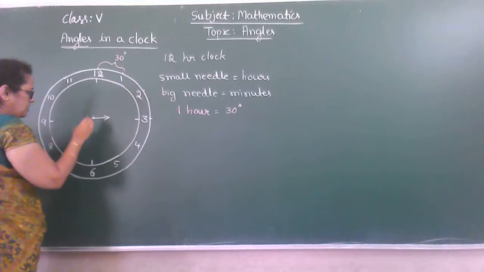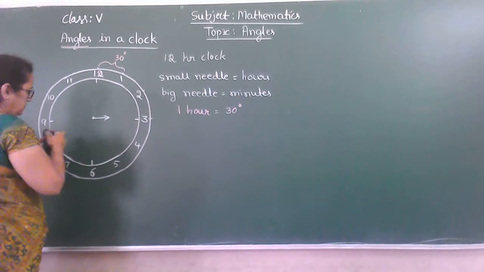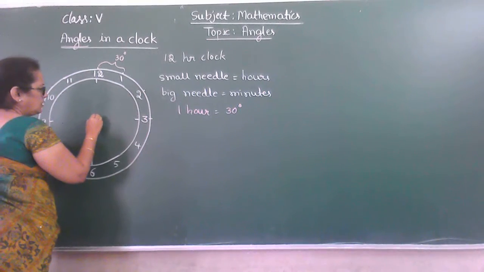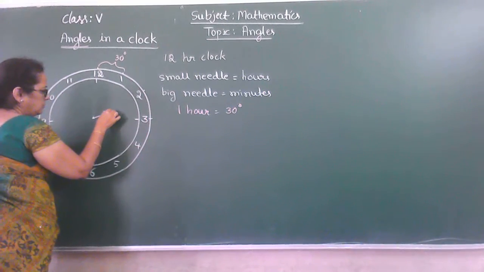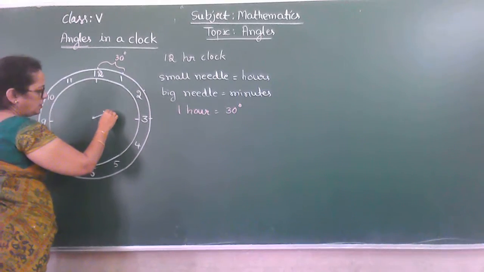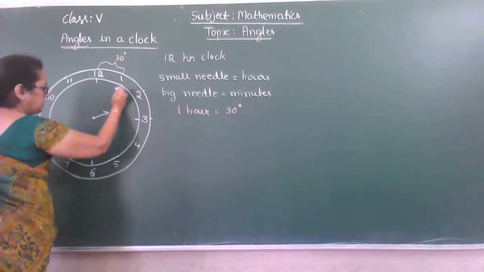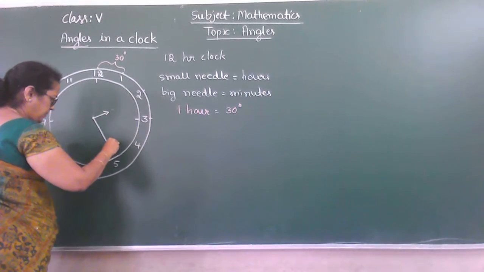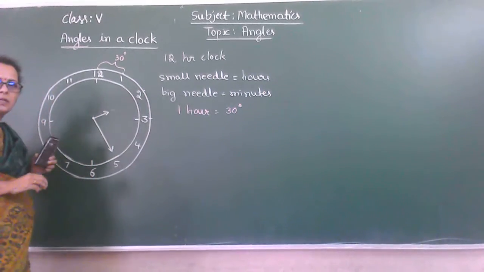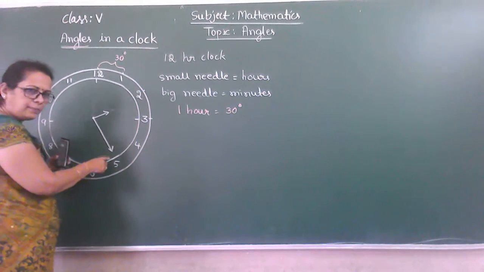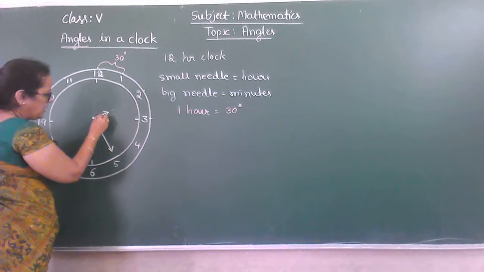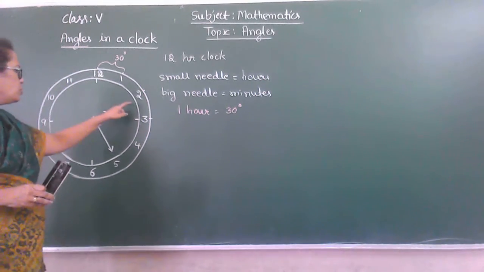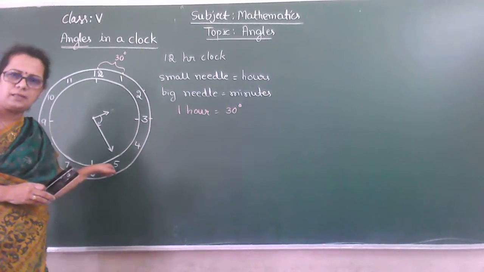See, the small one is representing 2 and the big one is representing 5. So my question is, what is the angle at 2 hours 25 minutes?